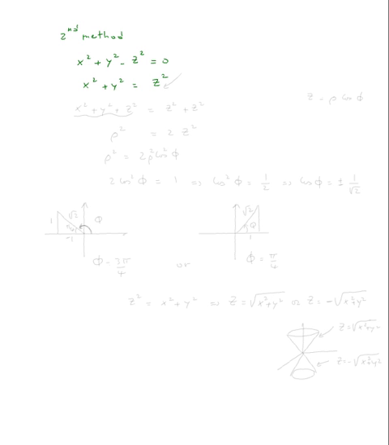Now I'm going to add z squared to both sides. So the right side will be 2z squared, but the left side will be just rho squared. Now you can say rho squared equal 2z squared.